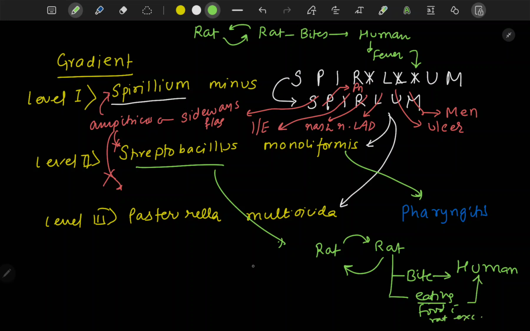Obviously, eating is near the pharynx, so this one has pharyngitis, and that is why basically we call this Haverhill fever.